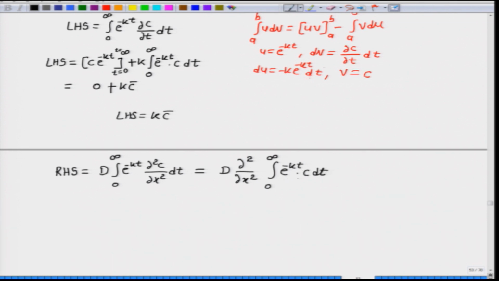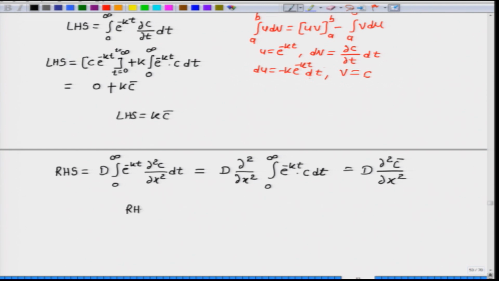And again this integral is the Laplace transform of c. So, we can write RHS is equal to D dou 2 c bar by dou x 2, and c bar is now not dependent on time, and so we can replace partial derivative with ordinary derivative.